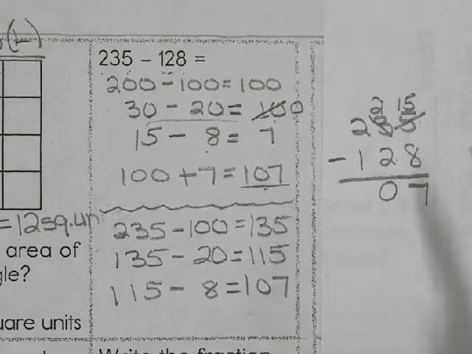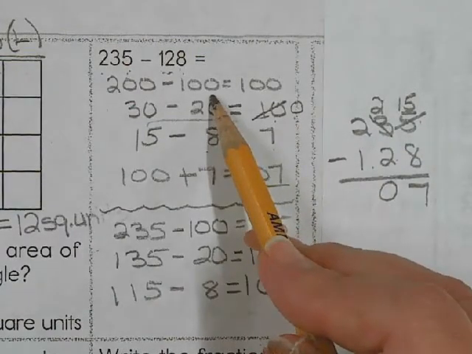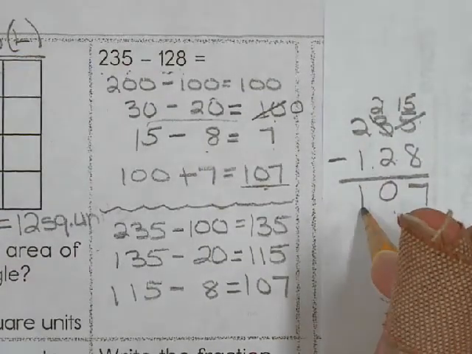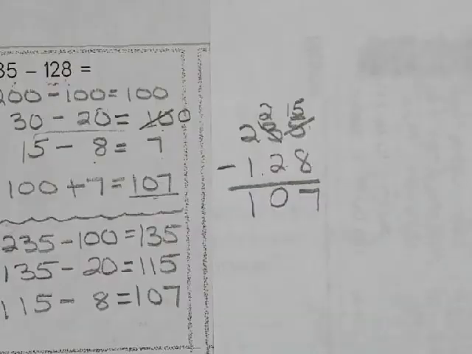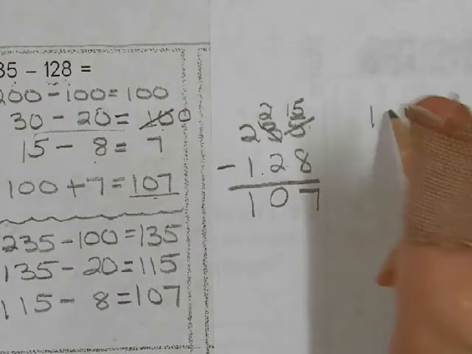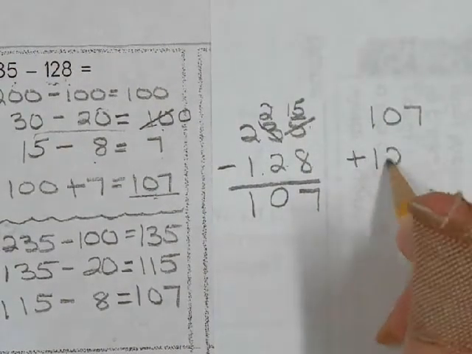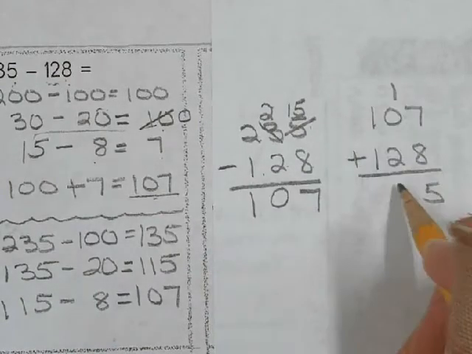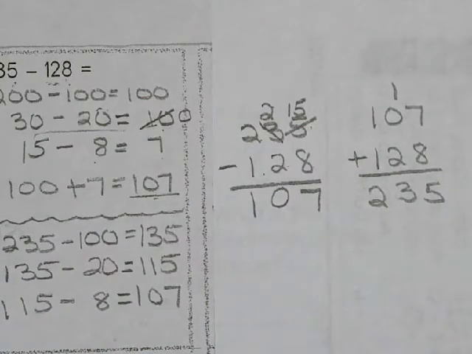And then we have 200 minus 100, which is what we have here in our hundreds, and that gives us 107. Again, we can add our difference back to what we subtracted, and that should give us our total of what we started with.